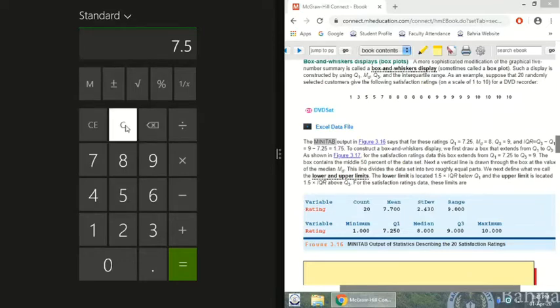So this is 7.5. In this case, similarly, the median is 8 for the 50th percentile. So when they talk about median, you simply multiply 50 by 100 and then multiply it with the number of values that you have. So this is 0.5 into 20.